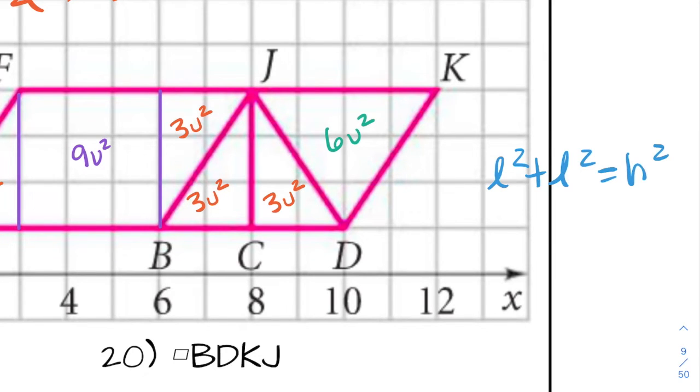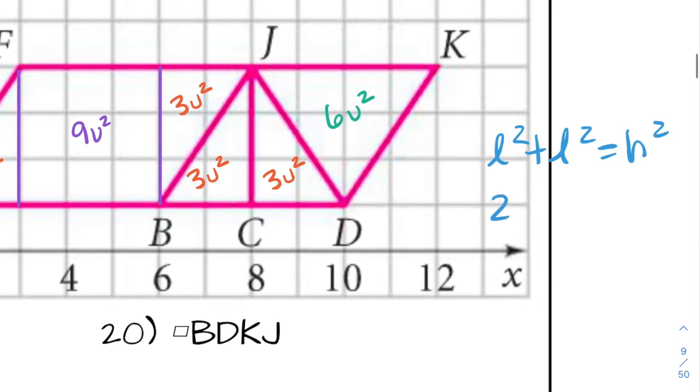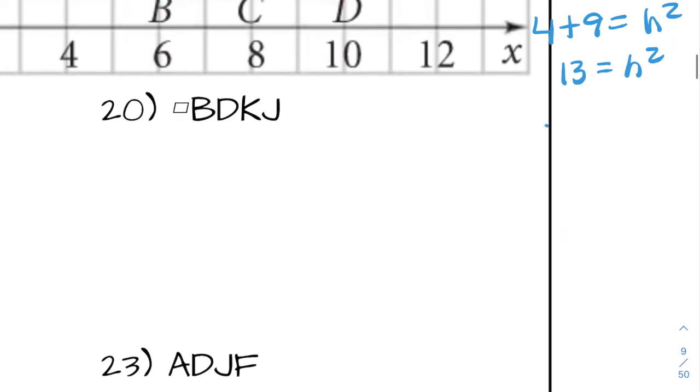So we have 2 by 3. These are all 3 by 2, they're all 2 by 3. So I'm going to do 2 squared plus 3 squared equals H squared. 4 plus 9 equals H squared. 13 equals H squared. Square root of 13 equals square root of H squared. H equals square root of 13.